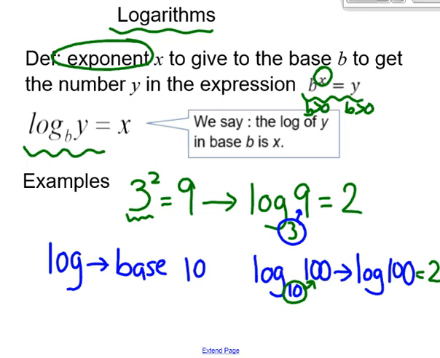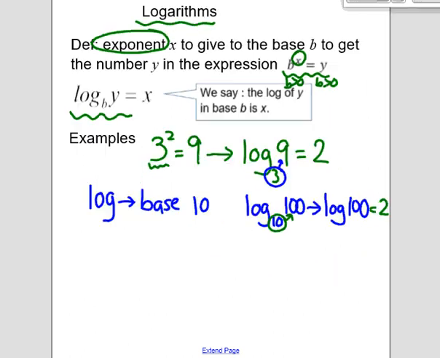Another one we can try is log base 2 of 16, or log 16 in base 2. That is equal to what? So you don't need your calculator for that one.